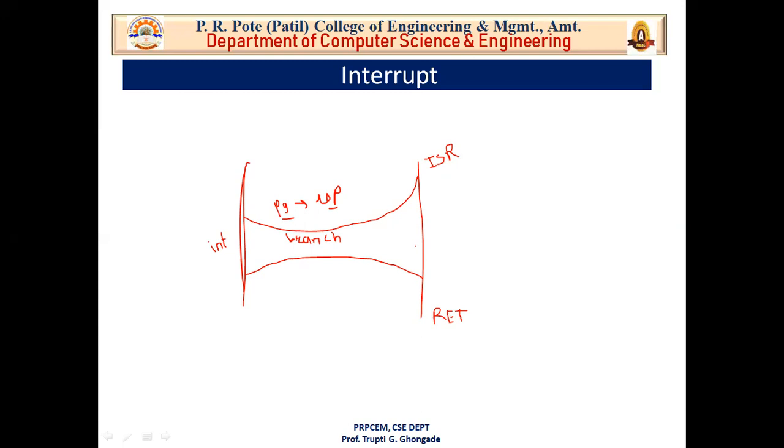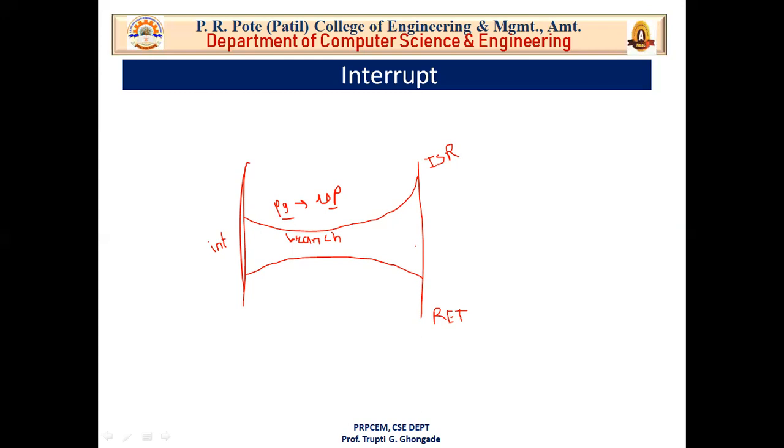The processor gets an interrupt. Whenever any device develops a problem or wants some attention of the processor, that device sends an interrupt to the processor. So who sends the interrupt? Devices connected to the processor send interrupts.